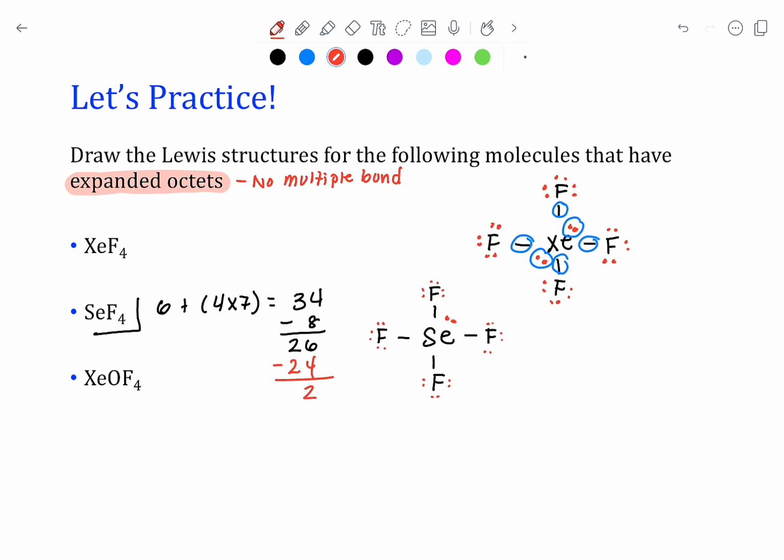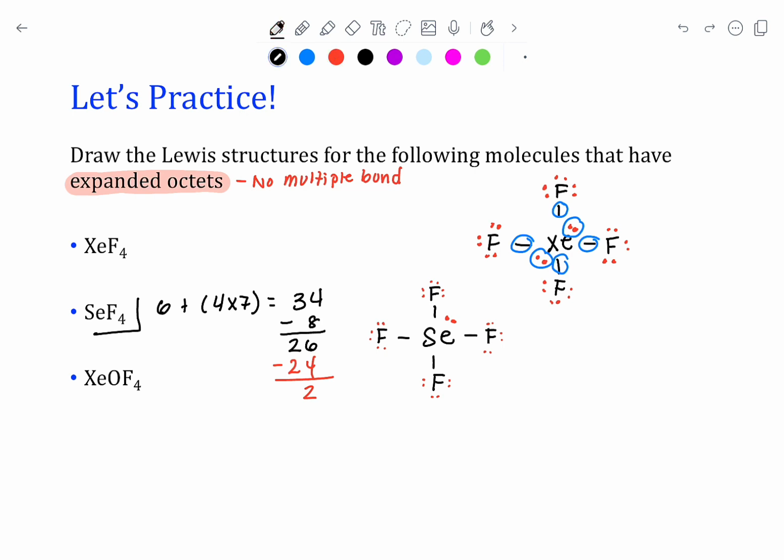So we don't need to make any double or triple bonds. So we will not see any double bonds in here or triple bonds or anything like that. So don't think that this lone pair now needs to go onto here to make a double bond. It won't happen because our rules, again, are halogens prefer not to have double bonds. Okay, so when we're having expanded octets, we do not form multiple bonds.